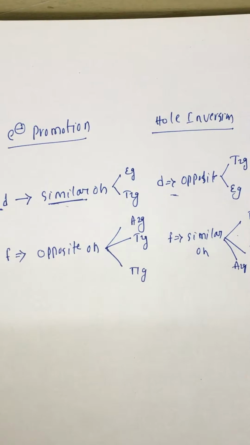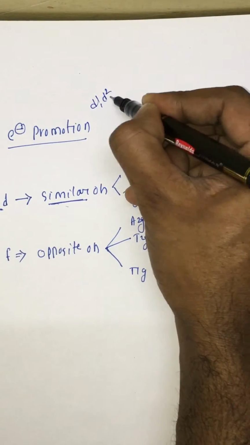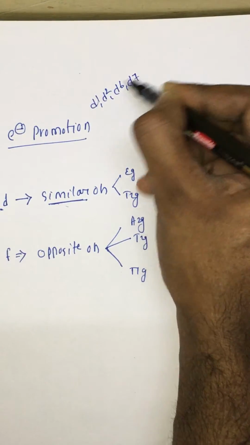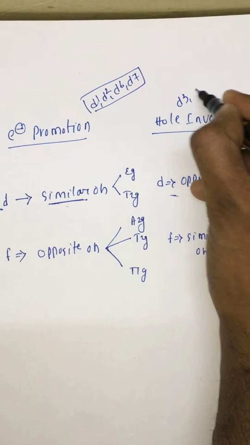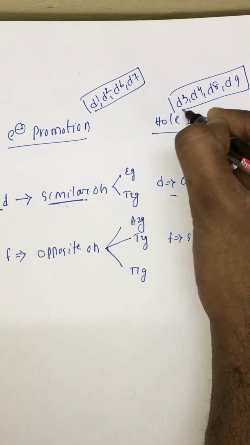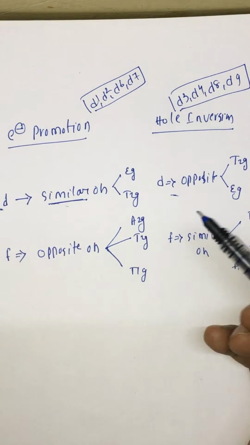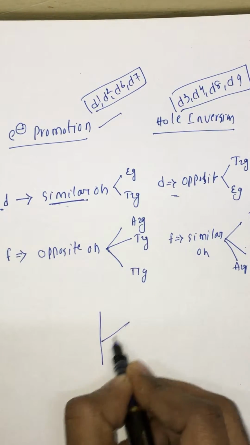It's very simple. Complexes which show electron promotion are D1, D2, D6, D7, and D3, D4, D8, D9 show hole inversion. For complexes which show electron promotion, you can see the Orgel diagram like this.